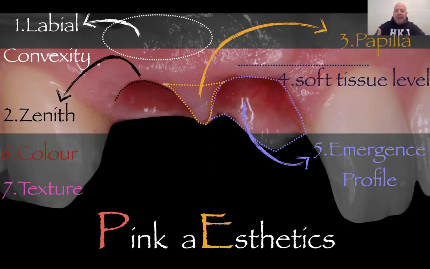And it has to be matching the corresponding teeth. The same thing goes for the emergence profile. The emergence profile of a central incisor is going to be completely different to the emergence profile of a canine or a premolar. And we would like to have a good soft tissue level. And obviously, we would like to have a good papilla because we don't really like black triangles.